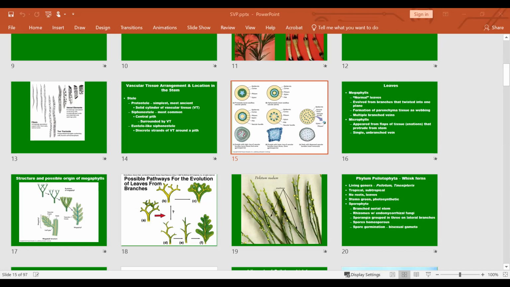Basic cone anatomy, the male cone, the female cone, just think about the basic anatomy. Know a little bit about pollen grains, both in the gymnosperms and the angiosperms. On slide 19, pollen grains in gymnos are different than what we see in angiosperms. They actually have 4 cells.